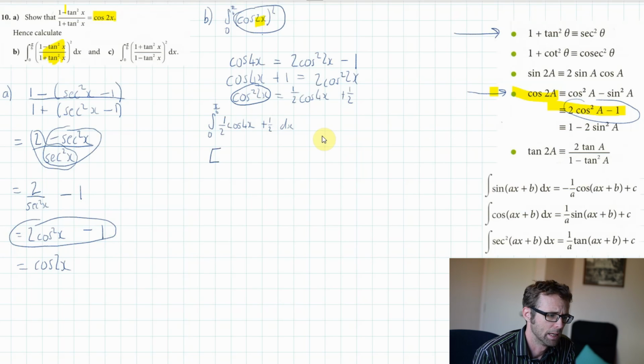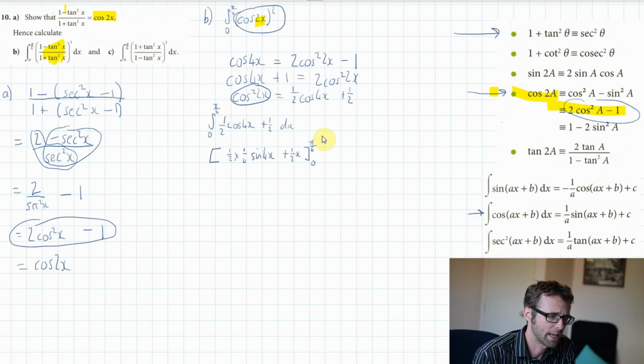We're going to have 1/2 multiplied by, using our rule over here, 1 over a, 1 over 4, sine 4x, plus 1/2 x. And we're going to do that between 0 and pi over 6.